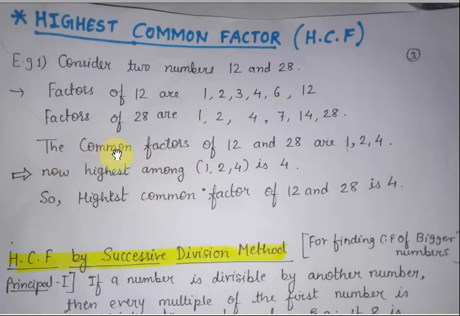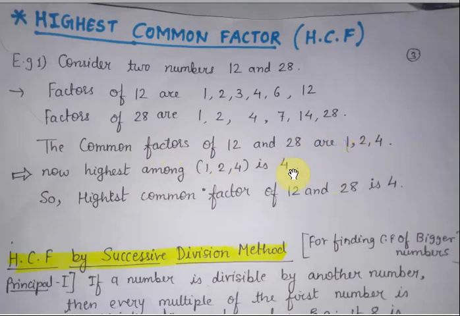The next step is to find the common factors of 12 and 28. 1 is present here and here. 2 is present here and also here. Is 3 present? No, so we will not take 3. 4 is present here and also here. 6 is not present, and 12 is also not present. So we will take only 1, 2 and 4 as the common factors of 12 and 28.